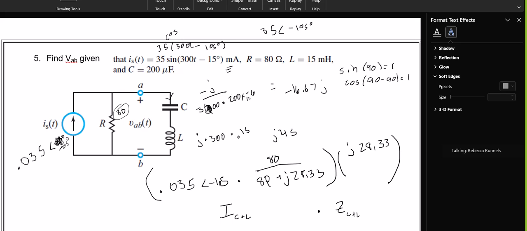So 15 millihenries is obviously 0.015 and not 0.15, and that's my mistake. So 300 times 0.015J is 4.5J, not J45.